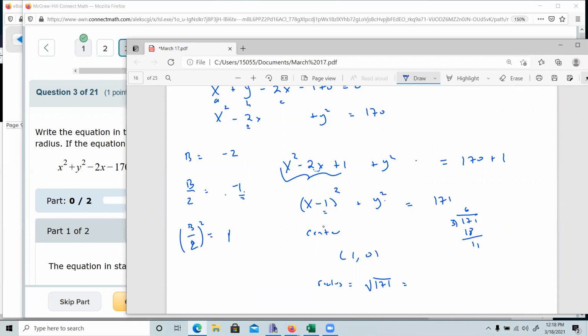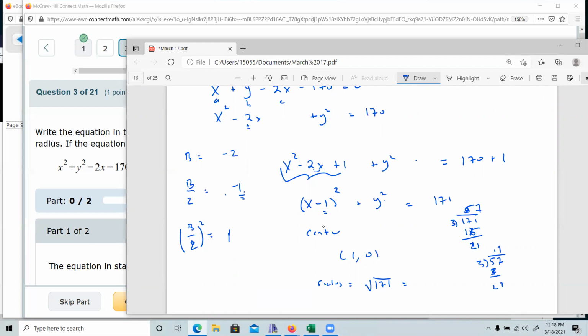Okay, so 3 goes into 171 57 times, and 3 goes into 57 19 times. That looks like 19, right?